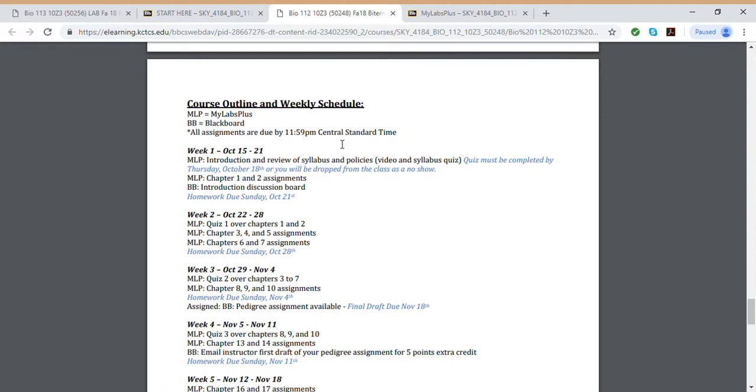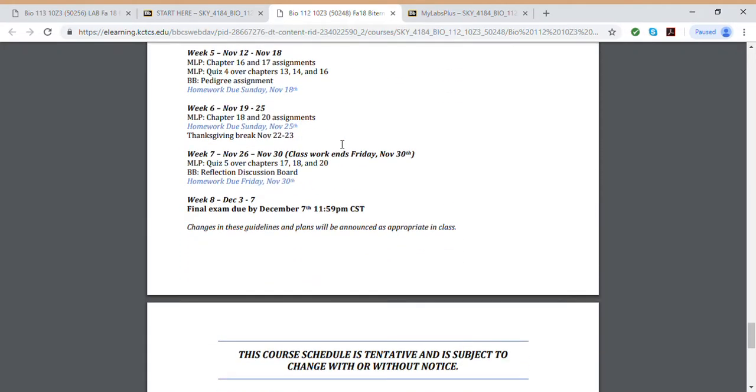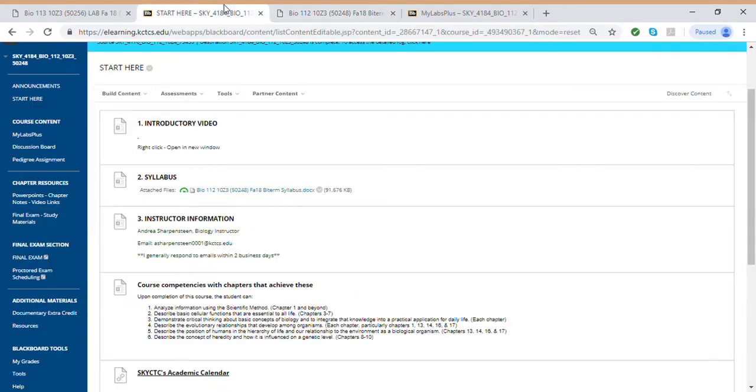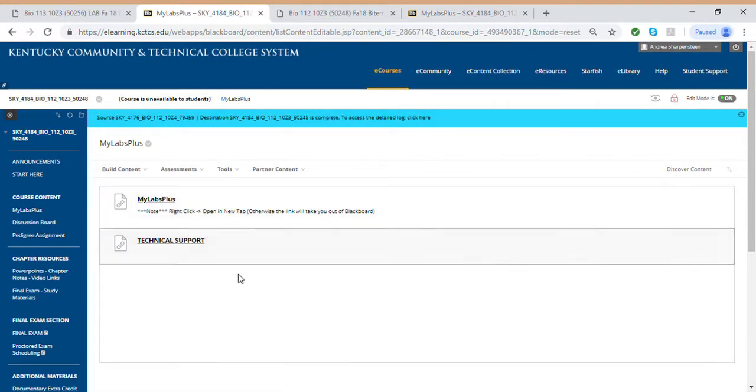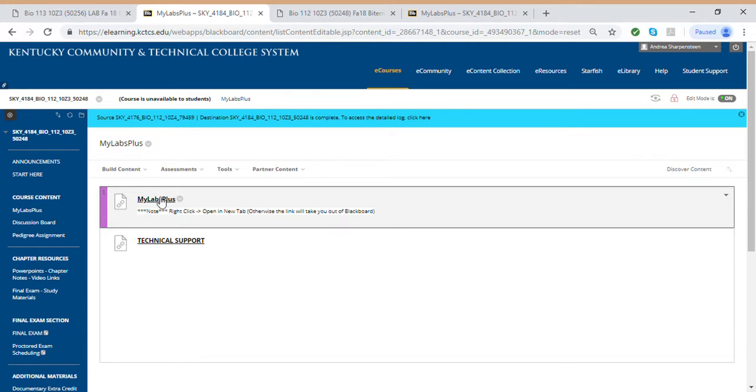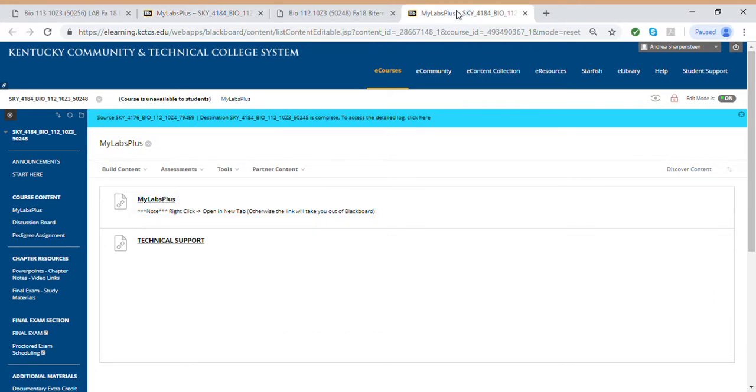So now we're going to go back to Blackboard. So here's everything. Click on My Labs Plus. We've been talking about that a lot. And whenever you want to open My Labs Plus, just right-click on it and open it in a new tab. I already have it open, so I'm just going to go there right now.